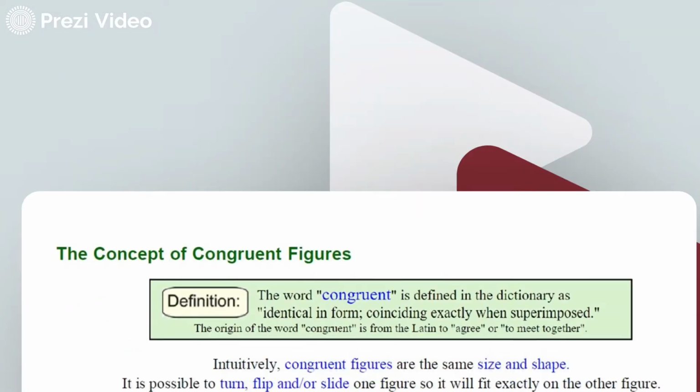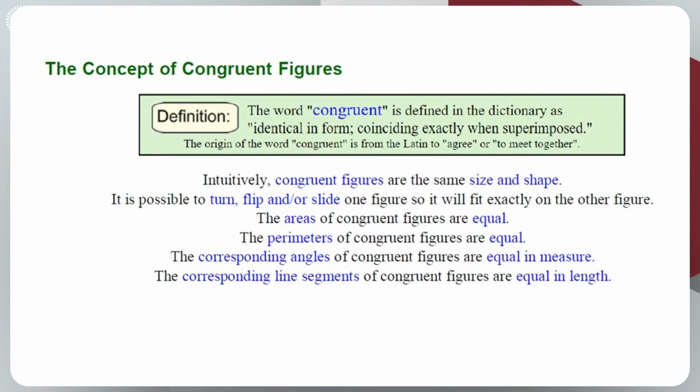Actually, in the dictionary, when we say congruent, it is identical in form. Coinciding exactly when superimposed. The word congruent has a Latin root, which means to agree or to meet together.